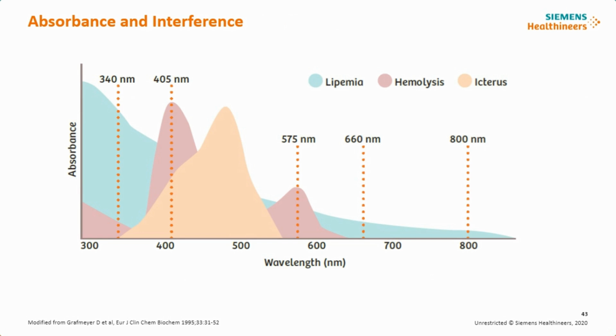In my previous life, I did use a mechanical clot detection system, and I had established my own ranges for H, I, and L. But with that said, if you're using a multi-wavelength detection system, you can effectively see that if you are hypothetically measuring your clots at 575, I'm just throwing out a number here, you can have an alternative wavelength at 800, and you can minimize some of the interferences if you see hemolysis, for example. So having these techniques that are readily available in clinical labs is really important.